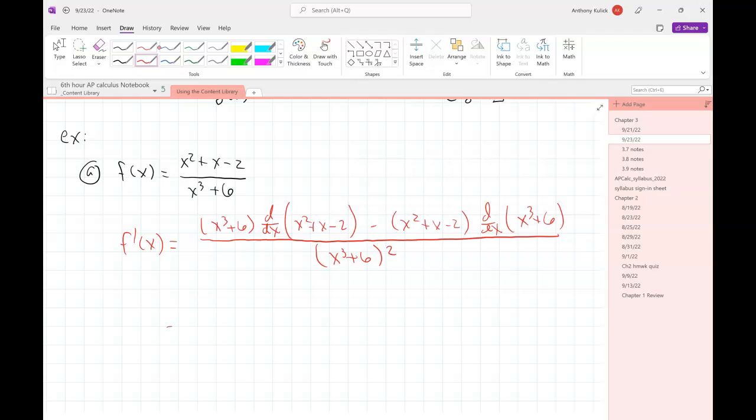Okay. So let's do some derivatives here. What's the derivative of x squared plus x minus 2? 2x plus 1. And then the derivative of x cubed plus 6: 3x squared.